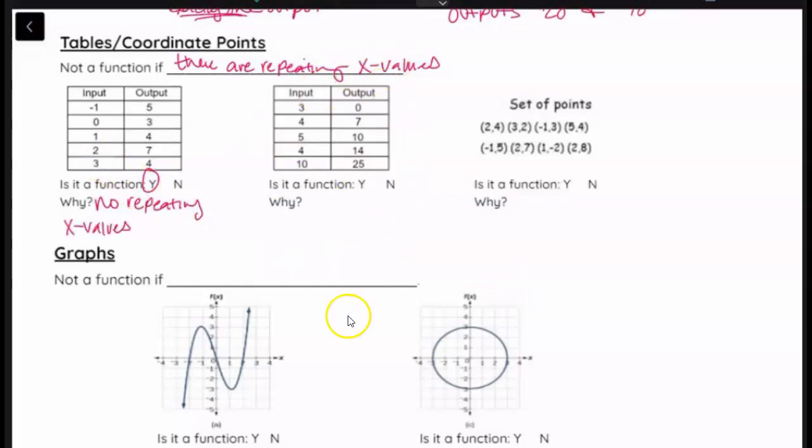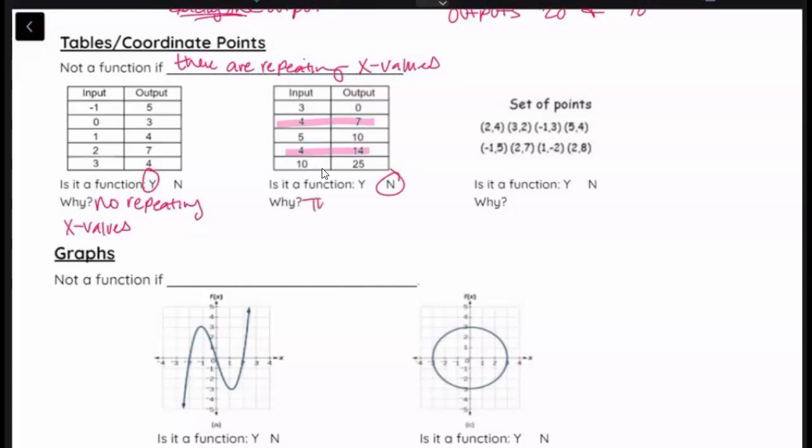However, if I look at my second table, I have 3, 4, 5, 4, 10. We have the repeating value 4. I see a repeating x value here. So in this case, it is not a function. You just have to break the definition once for it to automatically be considered not a function.